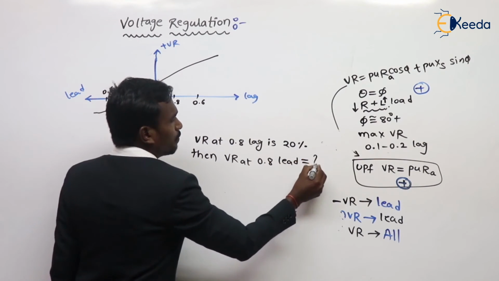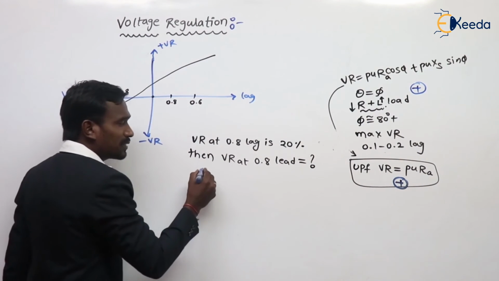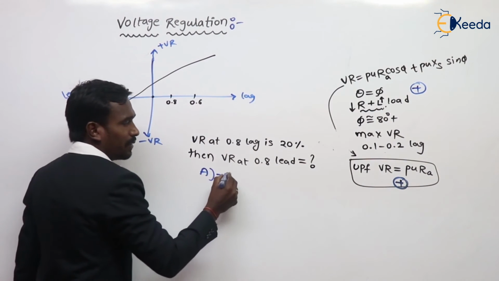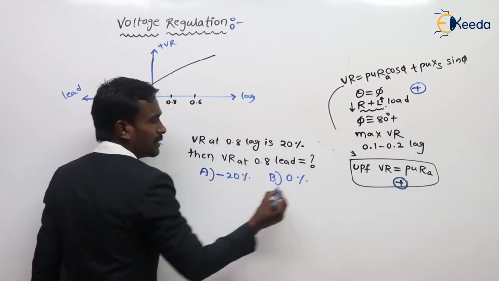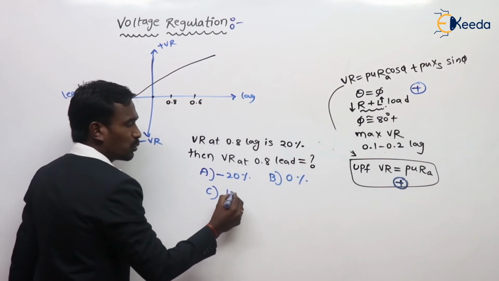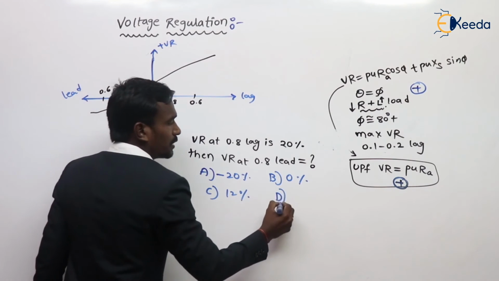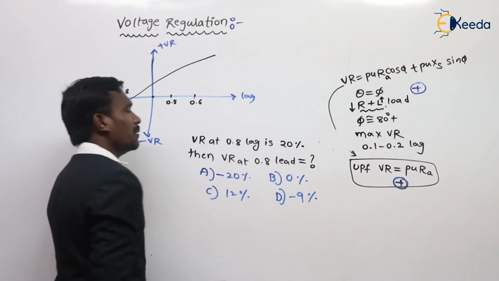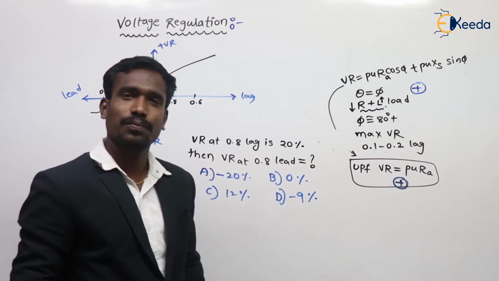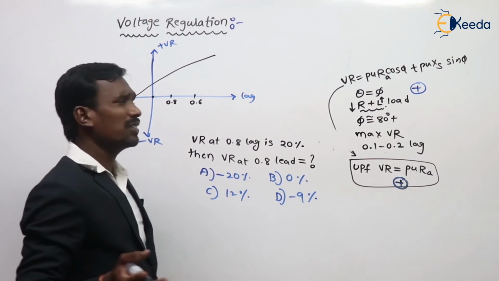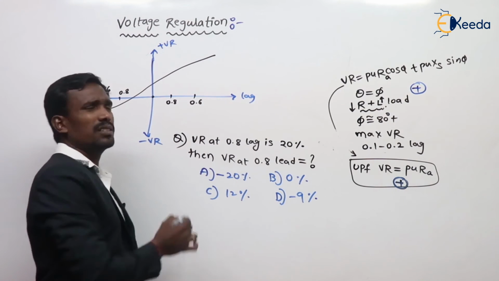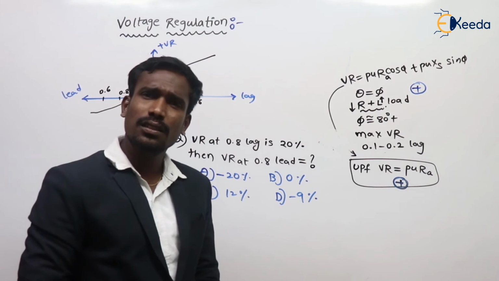The options they give: option A minus 20%, option B 0%, option C 12%, option D minus 9%. Tell me which of the following is the correct answer. They give it like this. There is no data. This is just the question, that's it. So tell me the answer.